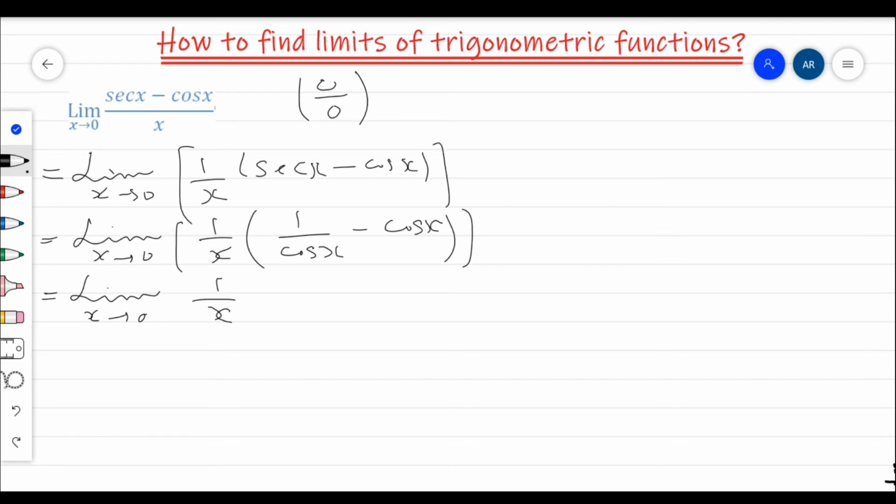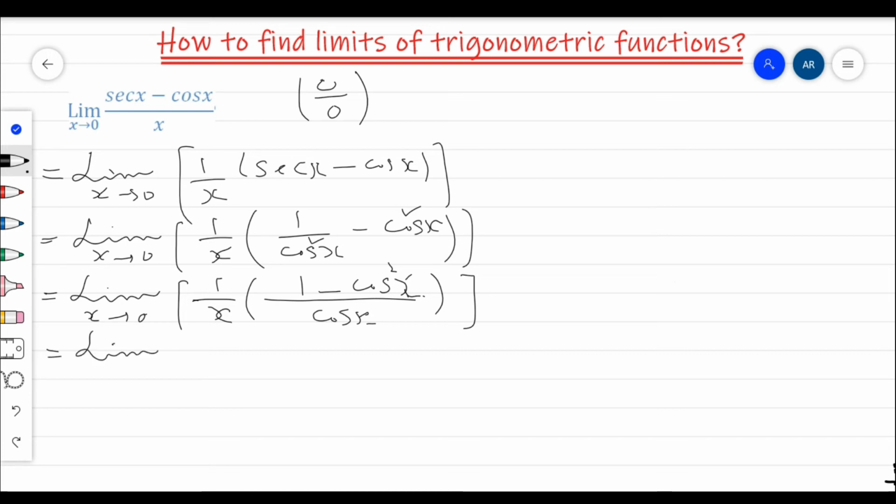Whenever we have fractions with positive or negative sign, we always take the LCM. So the LCM will be cos of x. Cos of x, 1 as it is, minus cos into cos is cos square of x. Hopefully you all know how to take LCM.